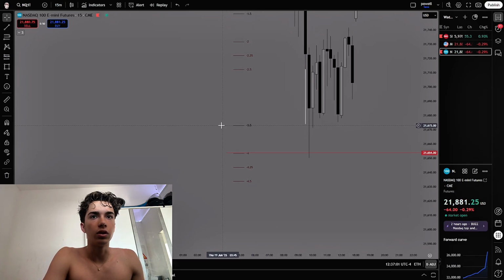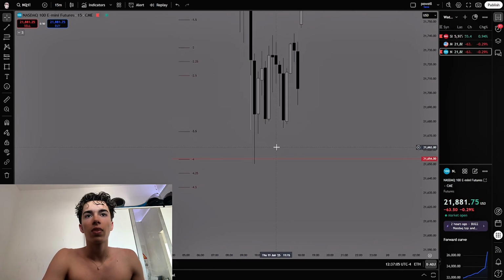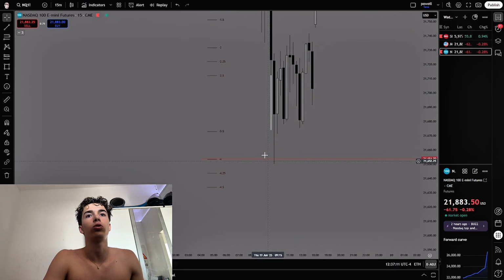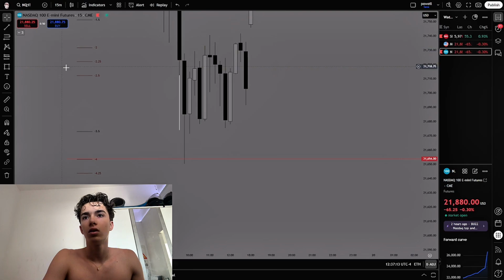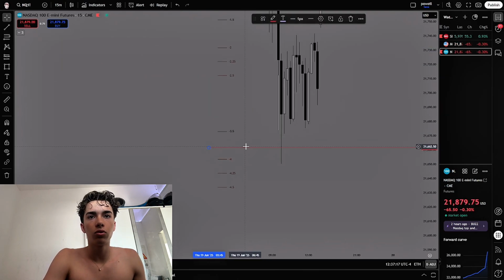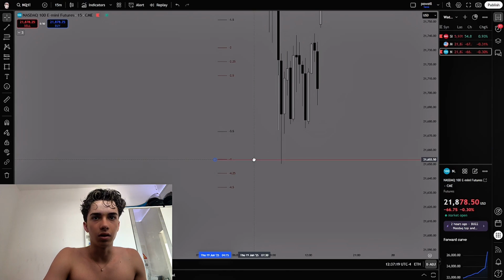So in this example we didn't touch the -3.5, but we see that the price action wants to touch the next level. So what do we do? Our limit order will be at the next level. In this case it was the -3.5, the level that we didn't touch, so the next level is the -4.